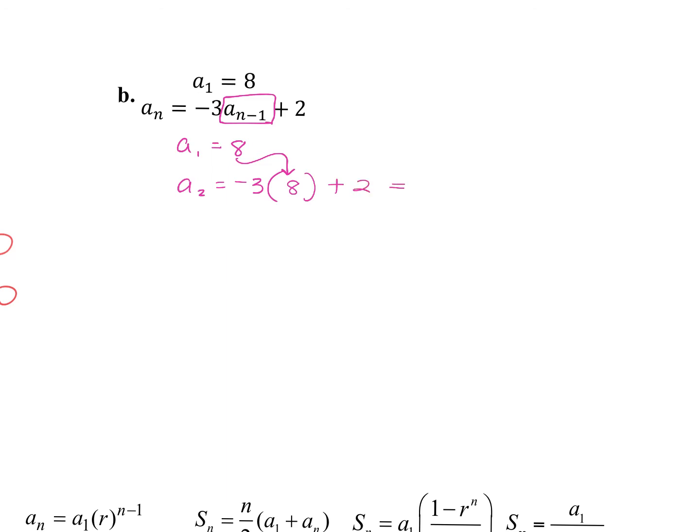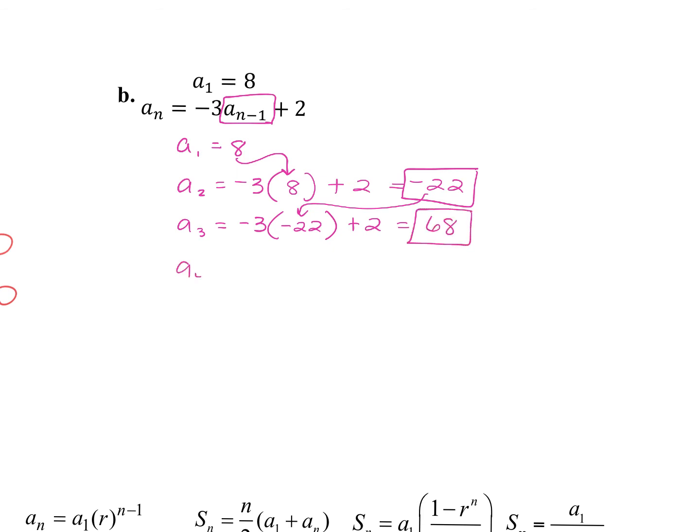So our a sub 2 is a negative 22. Then our third term is negative 3 times the term before it, so negative 22 plus 2, and we get 68 there. And then our fourth term is negative 3 times the term before it, 68, plus 2, and we get a negative 202.